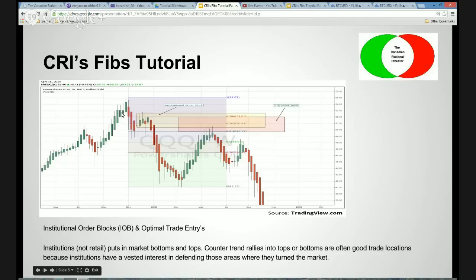So the long and short of it is that institutions decided that the market shall not go higher here. They probably spent a lot of money shorting the market in this area to stop the bull run. As a result, they have a vested interest in defending this area. This is basically where they're short, and they don't want to see price go any higher than that.